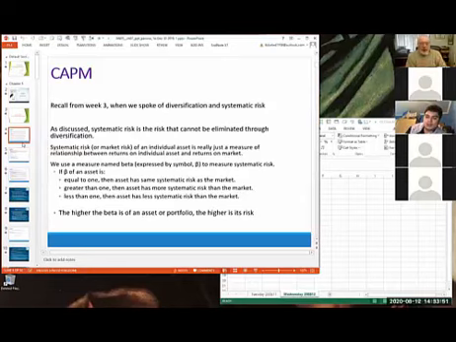Well, to calibrate any line, we need 2 points. That's year 9 mathematics or coordinate geometry. And in this case, the 2 points on the CAPM line that we use is the risk-free rate, in other words, the return of an investment that has absolutely no risk. And we'll talk about where that comes from shortly.